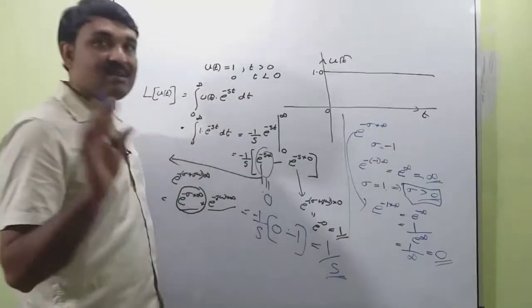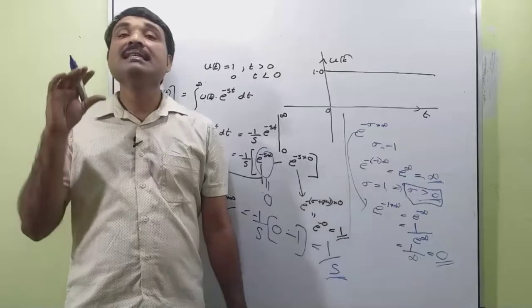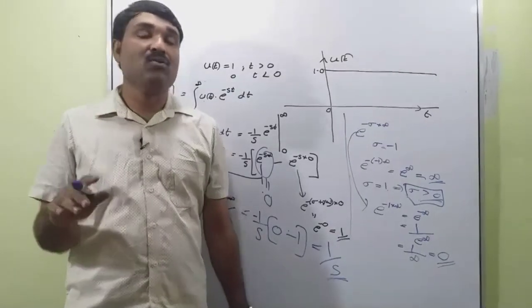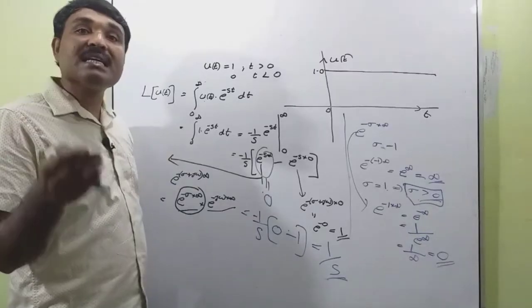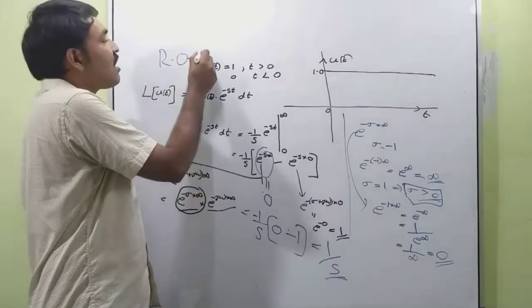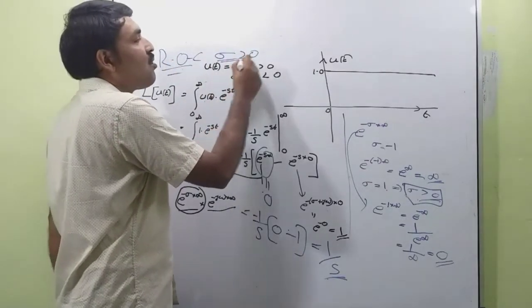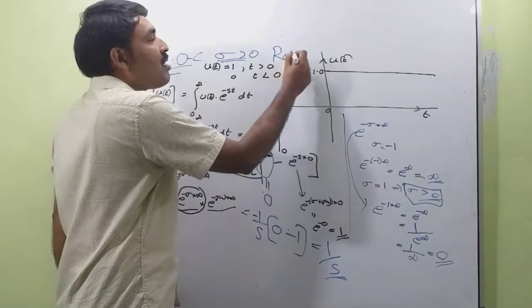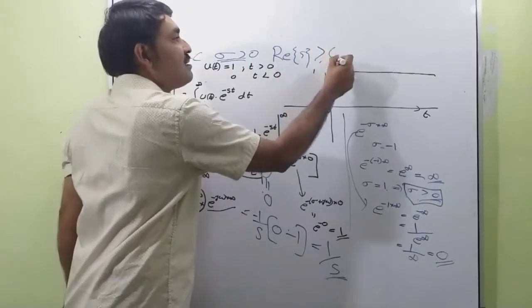And this exists only when this condition is satisfied, that is, sigma is greater than 0. Sigma greater than 0 means the real portion of s is greater than 0. Therefore, the region of convergence is sigma greater than 0, or real part of s is greater than 0.